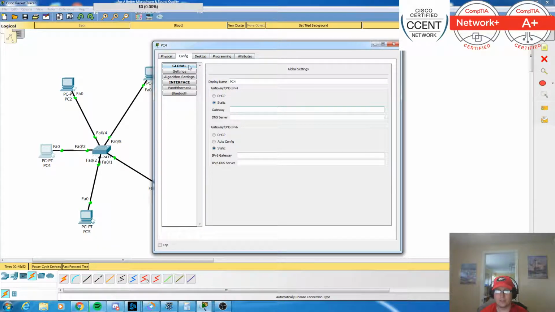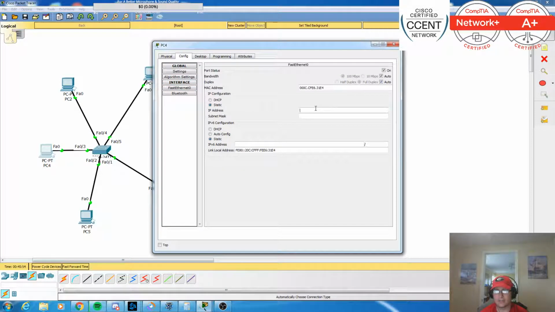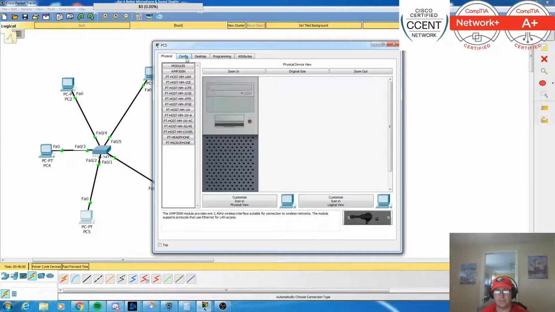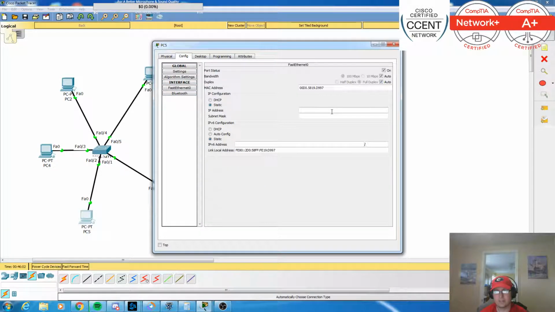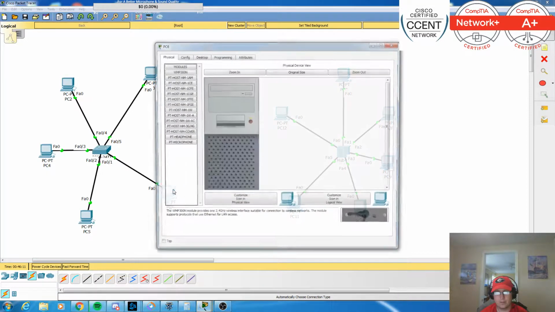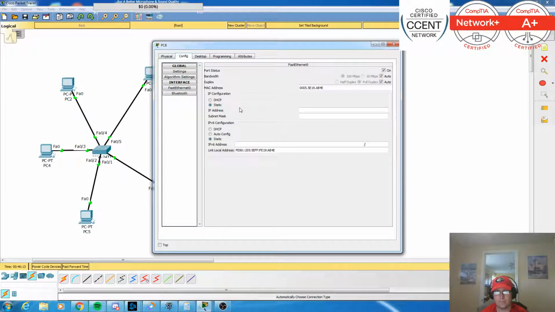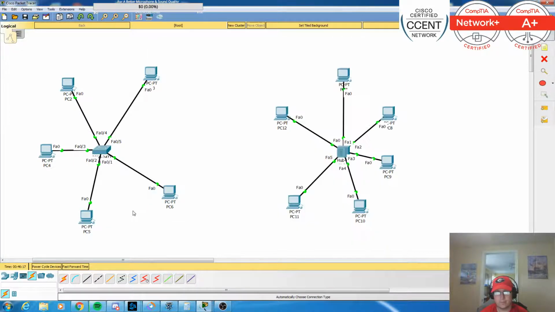So actually you'll see that, hey, it is what it actually does. PC4? Well, go down to PC5 next. Configure, FastEthernet, 10.1.1.4, 255.255.255.0. PC6, which will be 10.1.1.5. So these aren't actually connected.